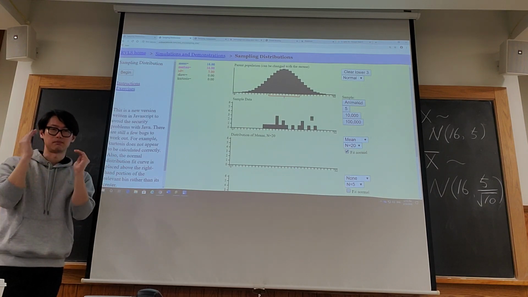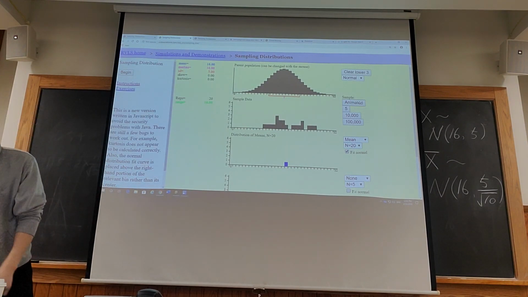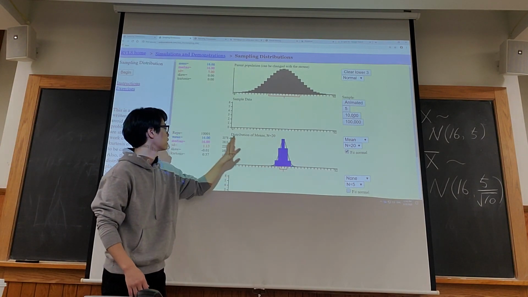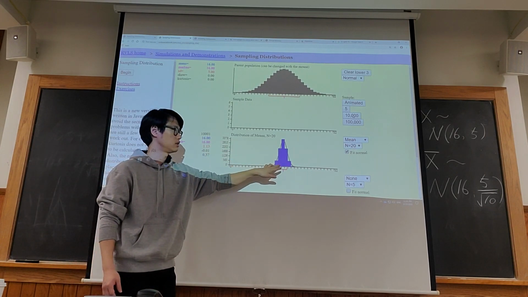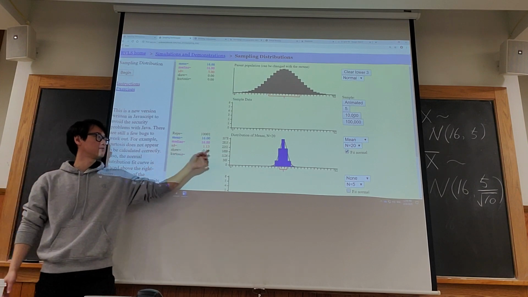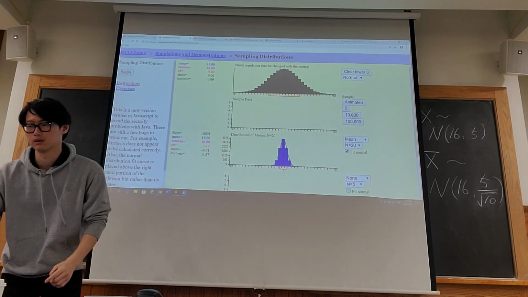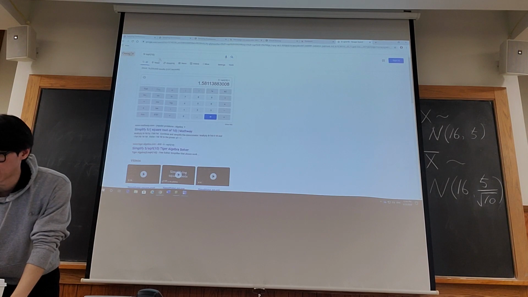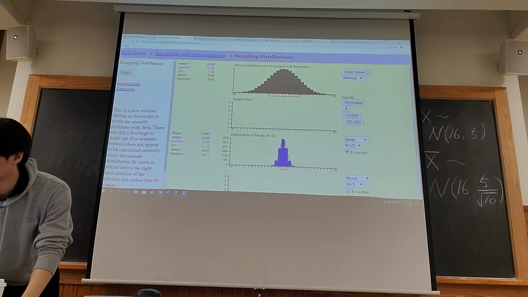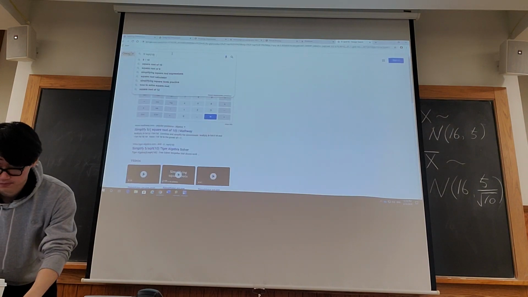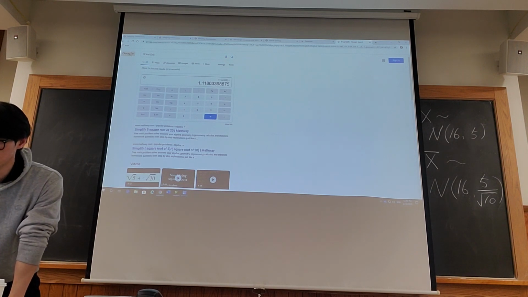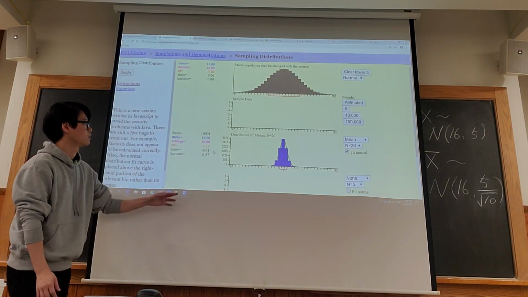Then the distribution of that sample mean will follow the normal distribution, the same as the population mean 16, but the standard deviation of this one can be calculated by 5 divided by the square root of 20, which is 1.118.